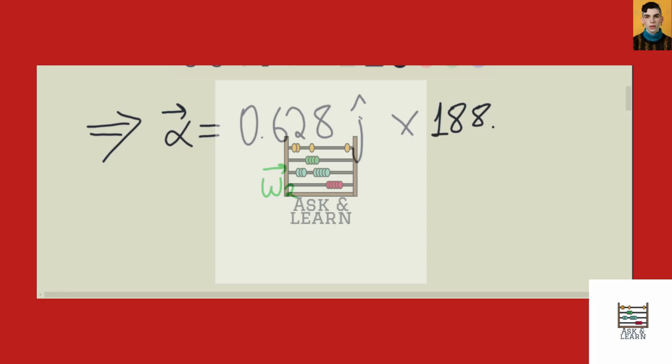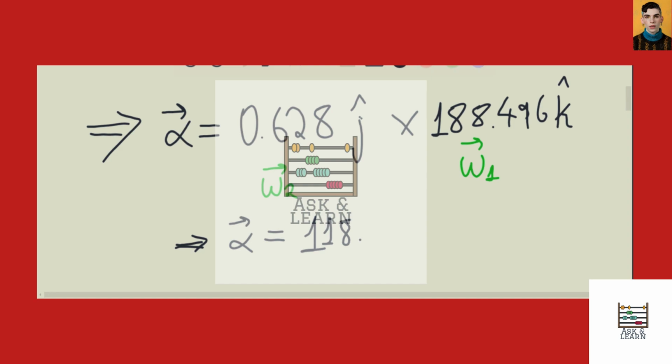times 188.496 k hat, because vector omega 1 has direction towards the positive z-axis, because the rotation is again counterclockwise as seen from the positive z-axis.